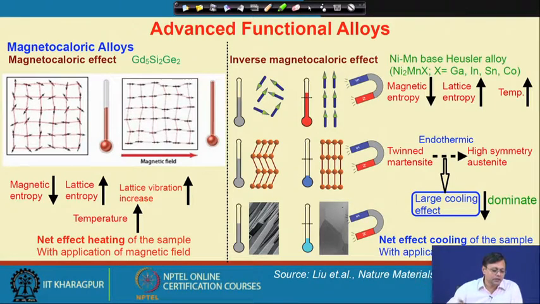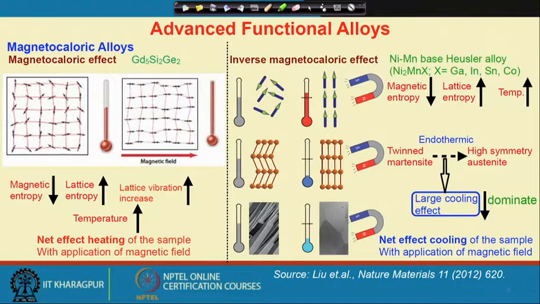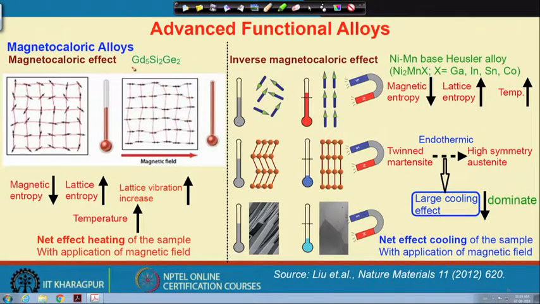Now, in the case of a conventional magnetocaloric effect, with examples like gadolinium based compounds and silicon germanium containing compounds, let us assume initially that the spins are aligned randomly. Here is the temperature of the system; let us assume this is a thermometer, just as a schematic. Now, we apply a magnetic field.